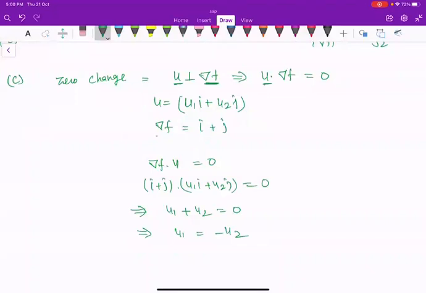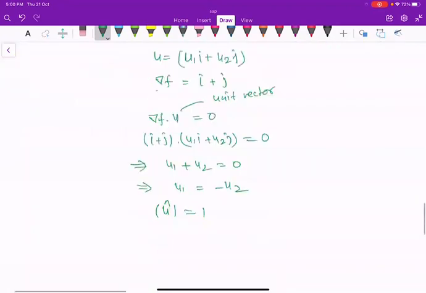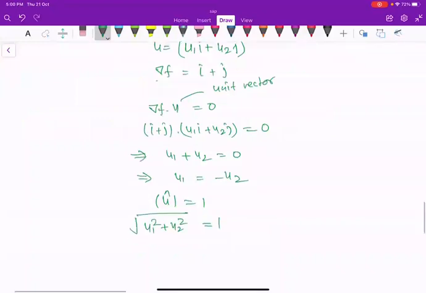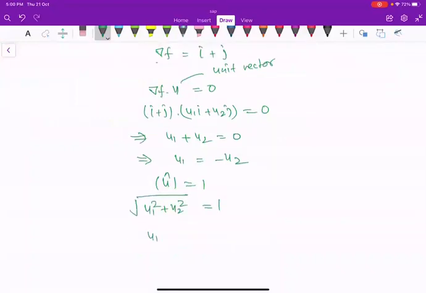This u is a unit vector that we are taking, so mod of u should be 1. That means u1 square plus u2 square should be 1.